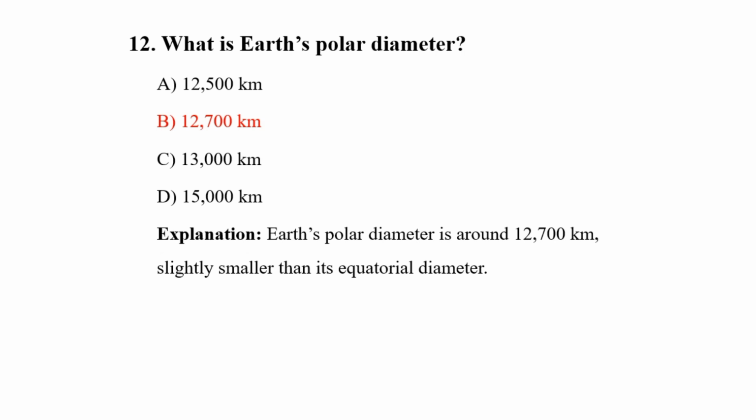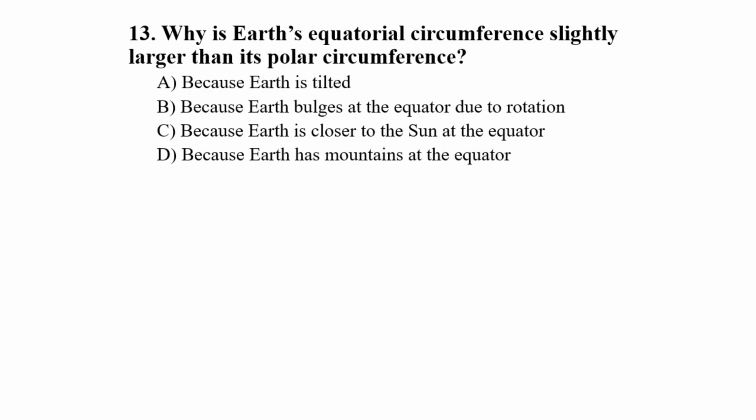Question number 13. Why is Earth's equatorial circumference slightly larger than its polar circumference? A. Because Earth is tilted. B. Because Earth bulges at the equator due to rotation. C. Because Earth is closer to the Sun at the equator.